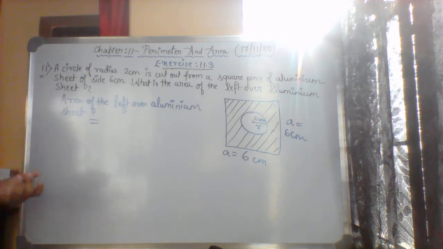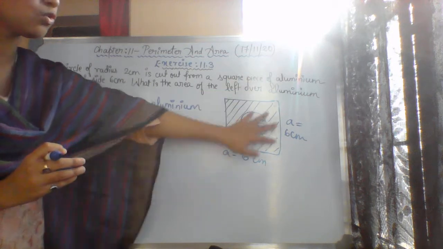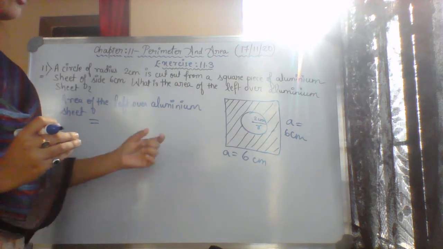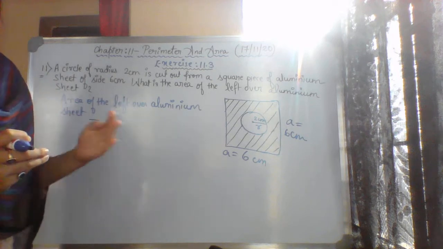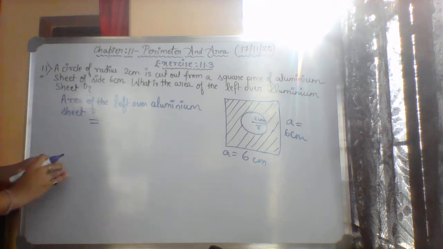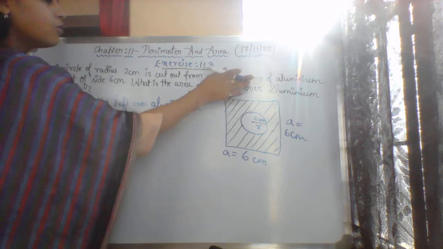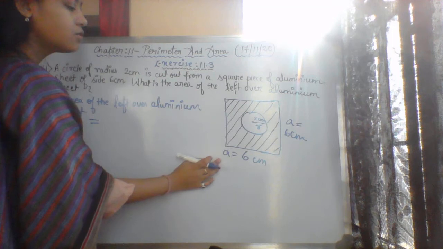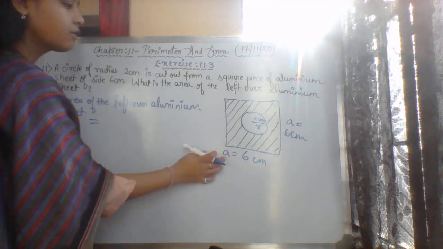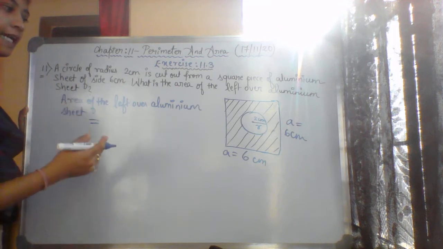You can do it in a separate manner also. First you find the total area, then the circle area, then do the subtraction, or you can do it together. So the area of the leftover aluminium sheet will be the total area of this square piece of aluminium sheet, which is side into side.